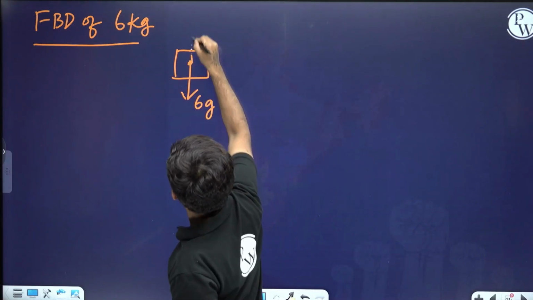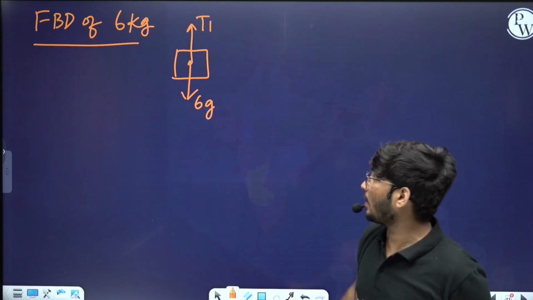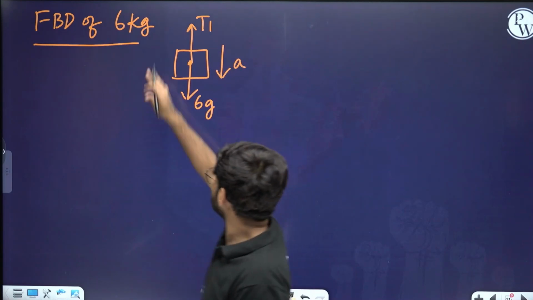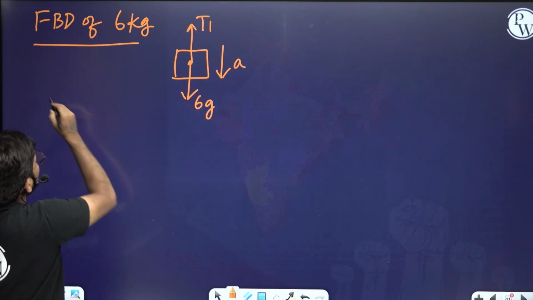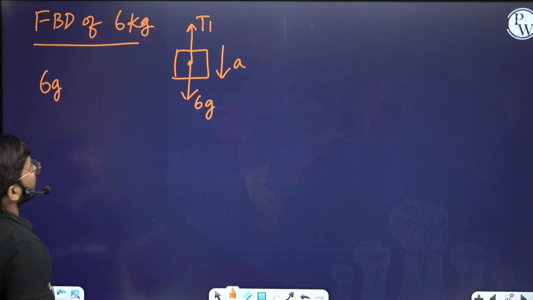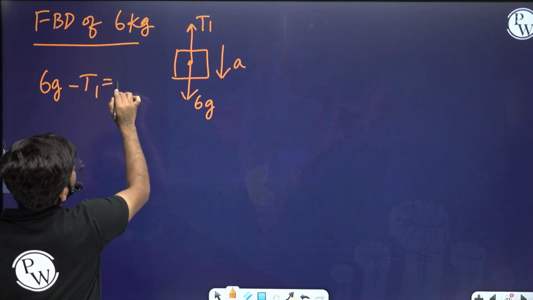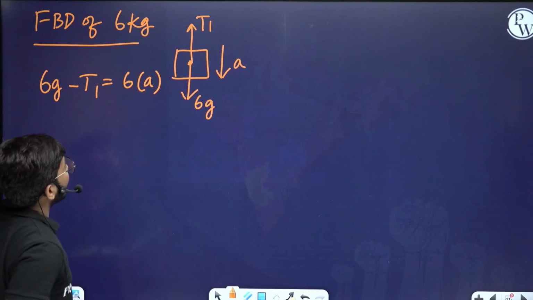Okay, so this is your tension 1. In which direction is the acceleration? Acceleration is in this direction, right? Apply NLM for 6 kg. For acceleration to be in this direction, 6g has to be greater than tension 1. 6g minus T1 is equal to 6 into acceleration, mass into acceleration.